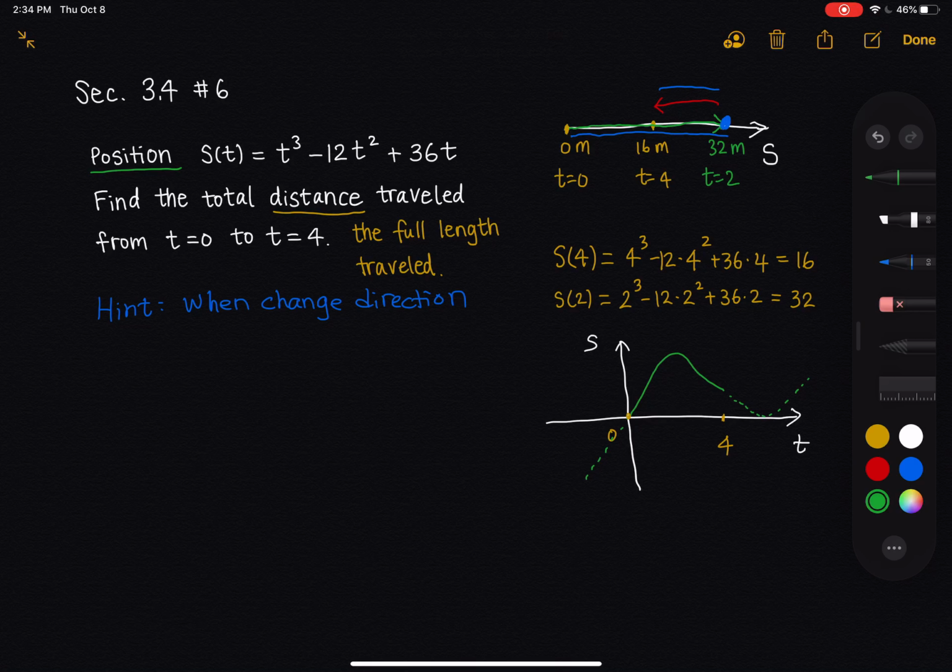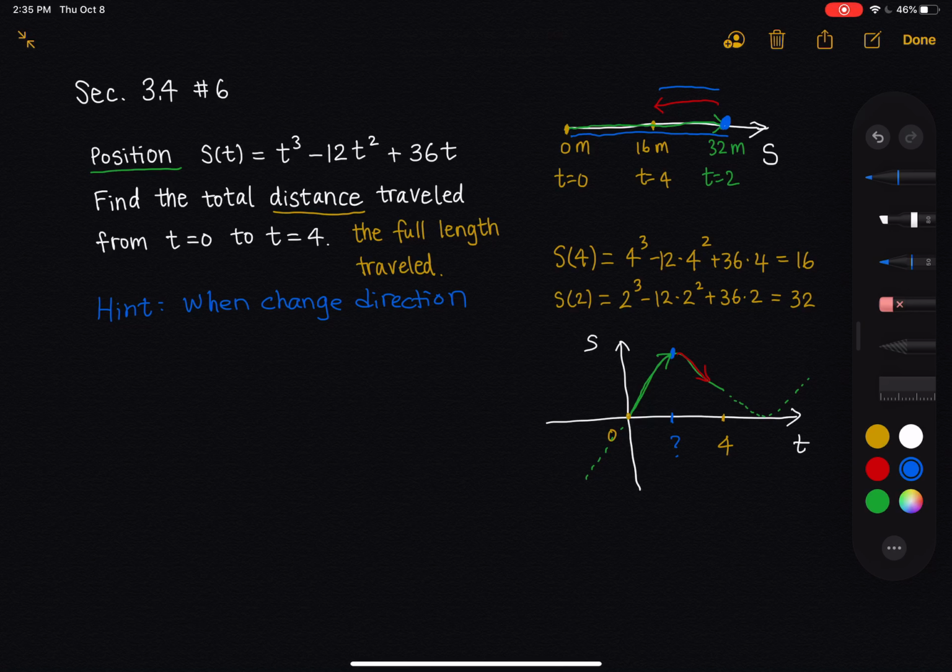But we're only interested in 0 to 4. You realize at some point right here the displacement is increasing. I'm going to use a green color. It's going away from where it originally was and then going backward. So we need to find this point where it changed direction.